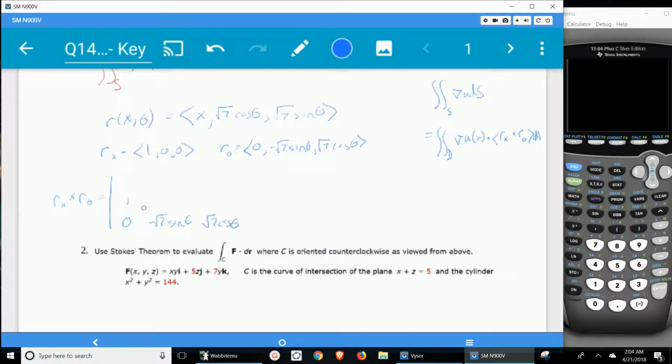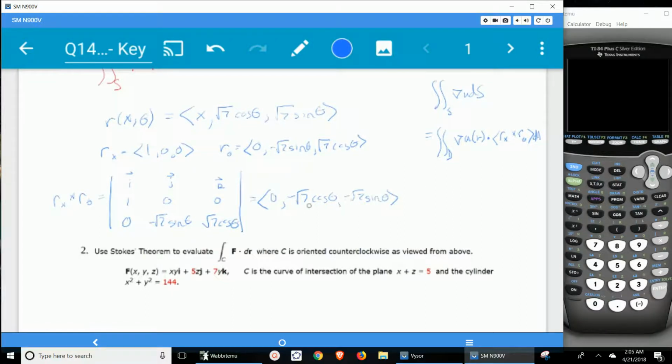Alright, so we're getting nothing in that component. In this one, we're getting the negative of that. And then in this one, it's that product. So that is that part right there.